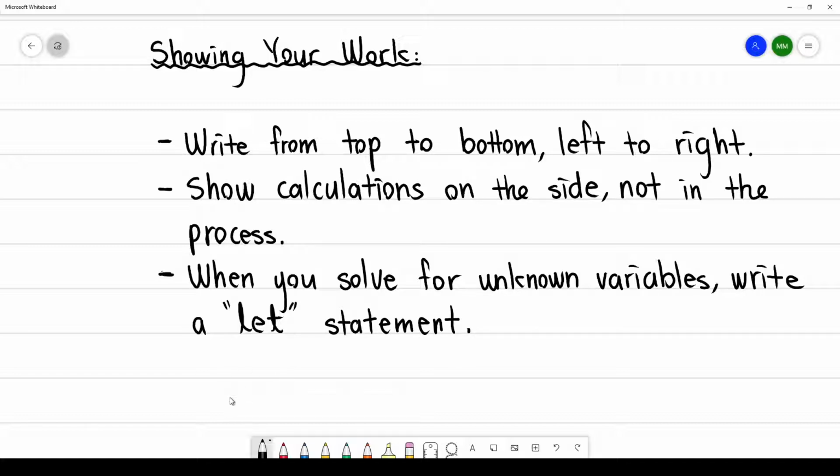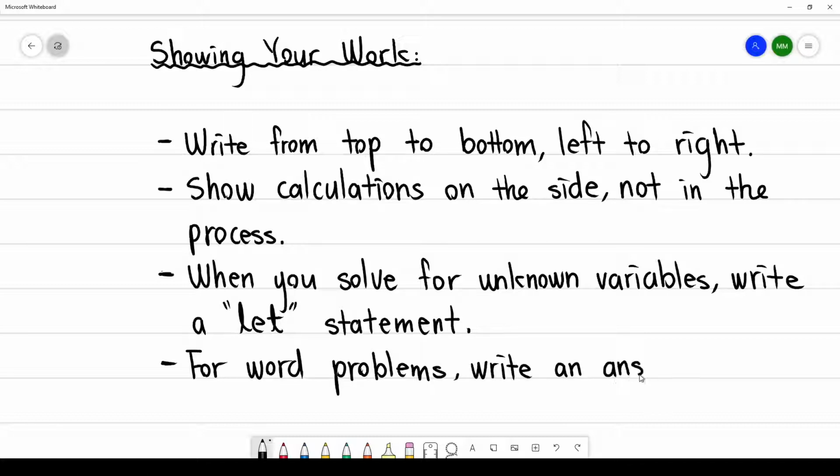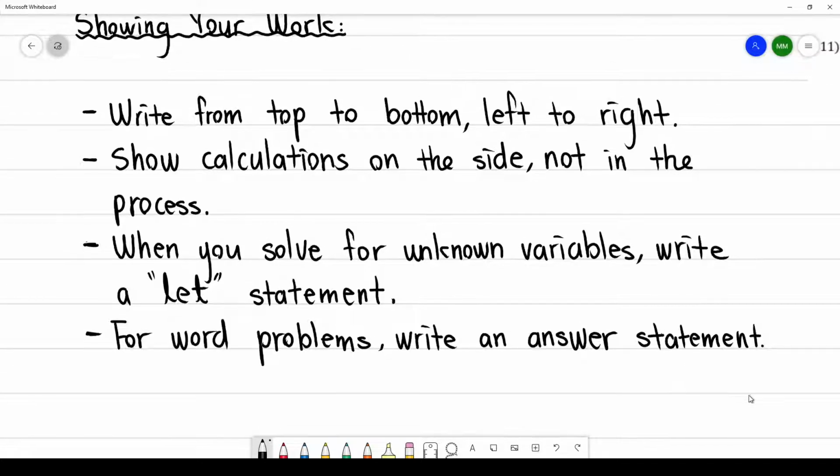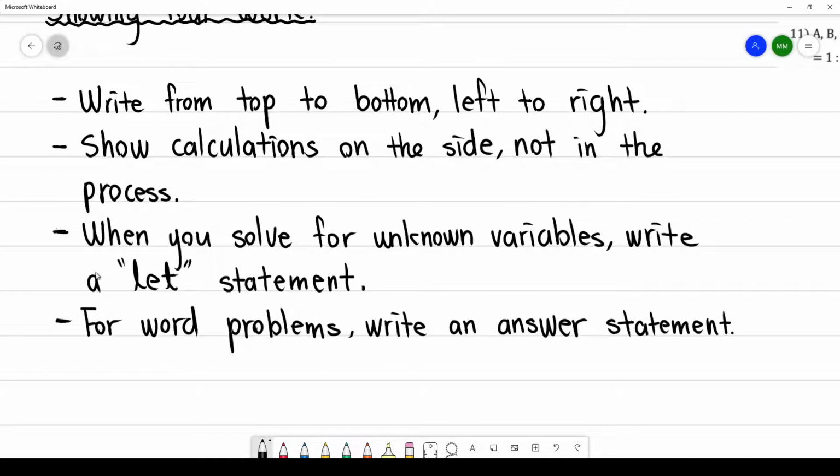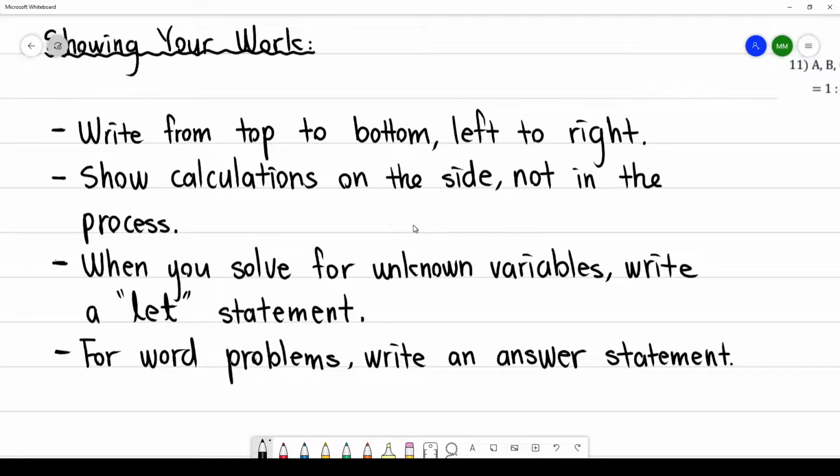And then the last one is, for word problems, write an answer statement. Okay, so these are the four general ideas that I have in mind right now.